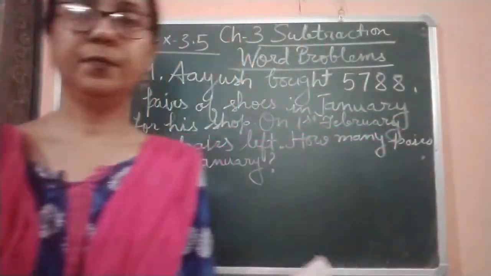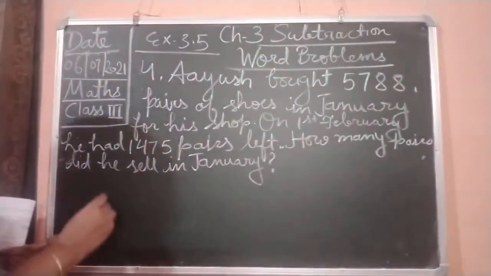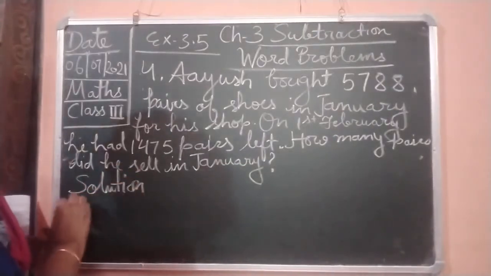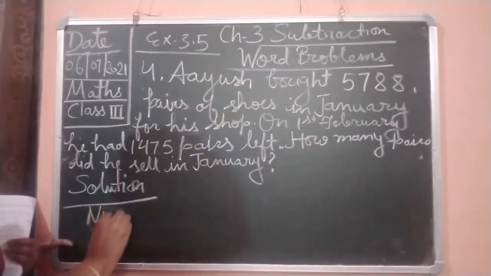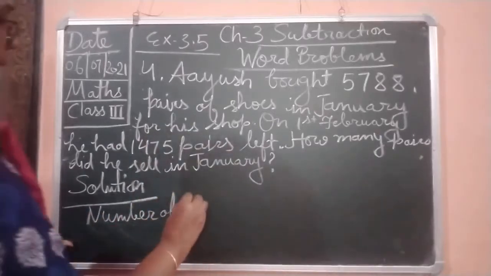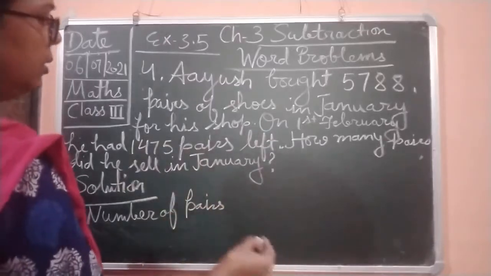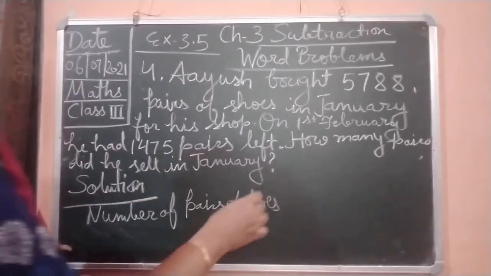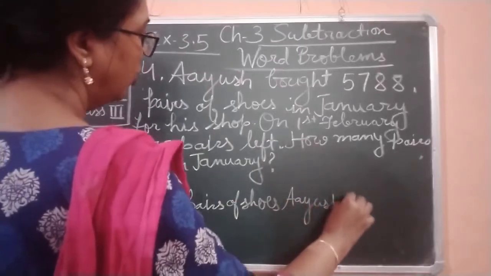So now children, for this we have to write down the solution. So let's write solution here. How can we start? From the first line, number of pairs of shoes bought by Ayush.